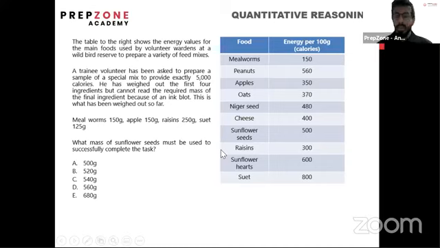Now, this is a typical example of quantitative reasoning. Before this, let me give you an idea of what quantitative reasoning asks of a student. Since it's a computer-based test, there is, first of all, no calculator allowed. And since there is no calculator allowed, a lot of students have issues doing mental math.